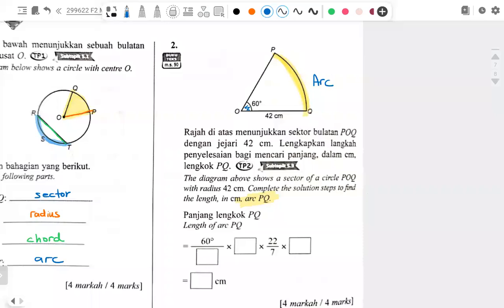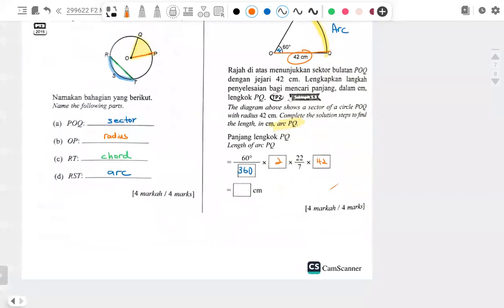So 60 over 360 times the formula to find circumference, 2 times pi times radius. Just fill in the box, then you get the answer. All right, that's how we find the arc.